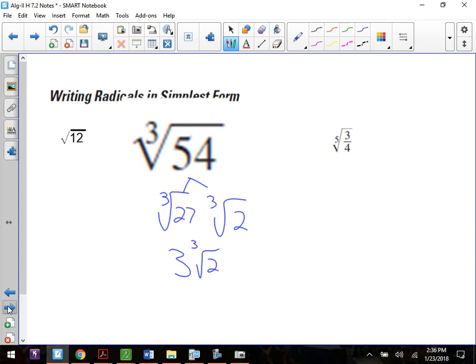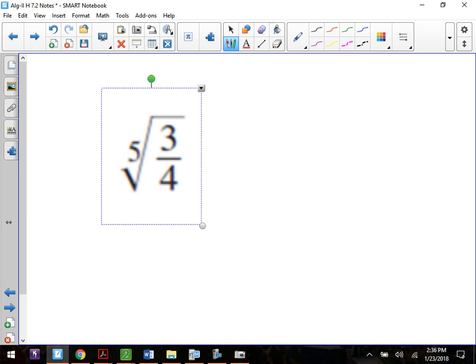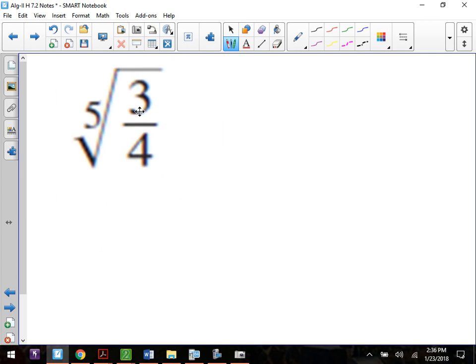Okay? Now the weird part. And this is probably the last one we'll have time to do today. When I want to rationalize my denominator, I say it's weird, but it really isn't. It just looks weird.